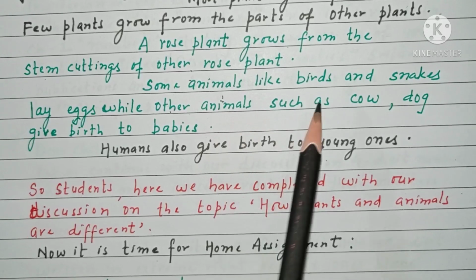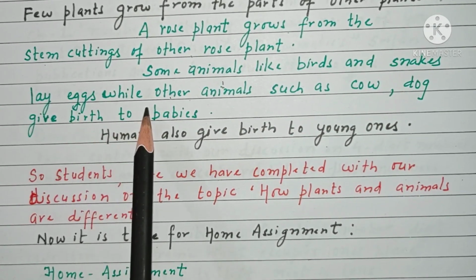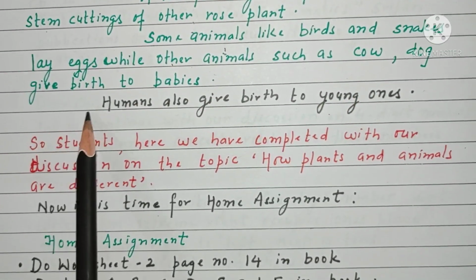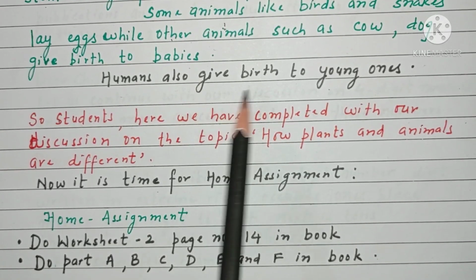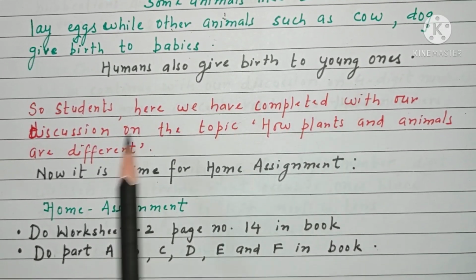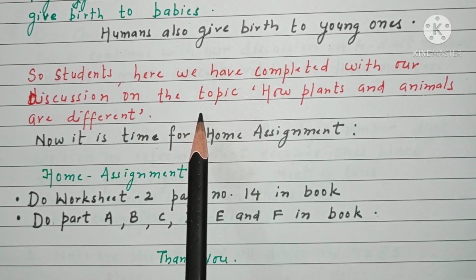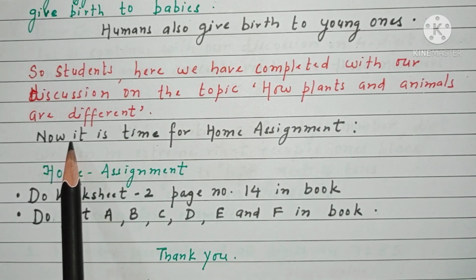Some animals like birds and snakes lay eggs, while other animals such as cow, dog, give birth to babies. Human beings also give birth to young ones. So students, here we have completed with our discussion on the topic how plants and animals are different.